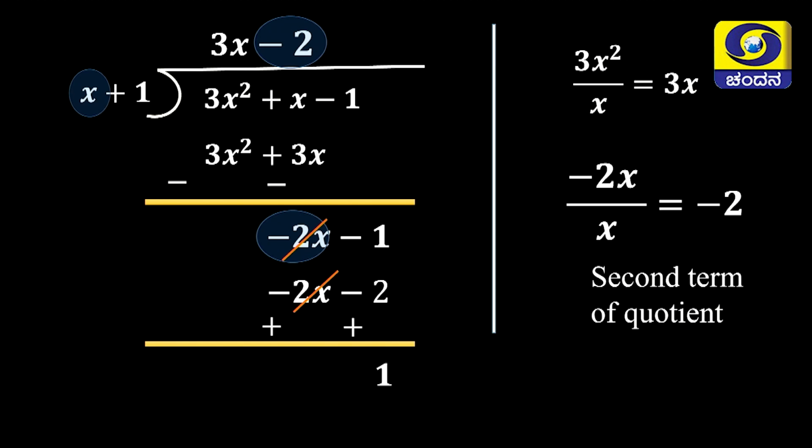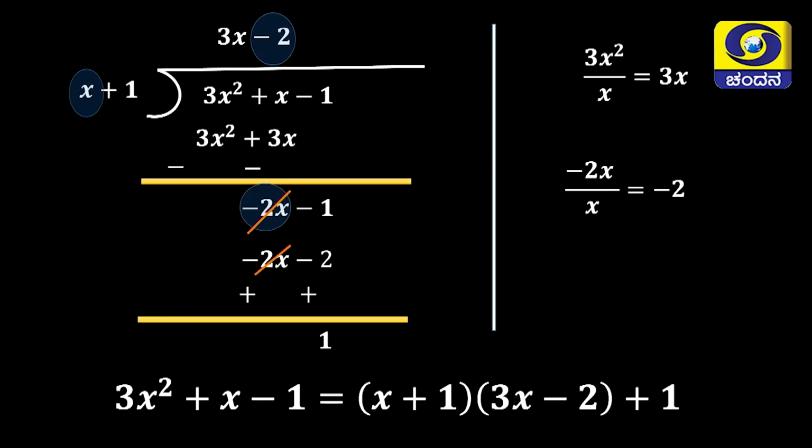Now minus 2 is the second term of the quotient, and the remainder is 1. Here 3x minus 2 is the quotient, x plus 1 is the divisor, and 3x square plus x minus 1 is the dividend. Now these will be put into one form: 3x square plus x minus 1 is equal to x plus 1 into 3x minus 2, plus 1.